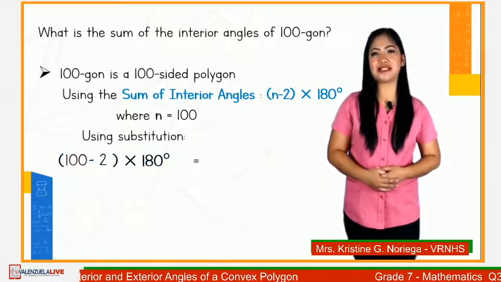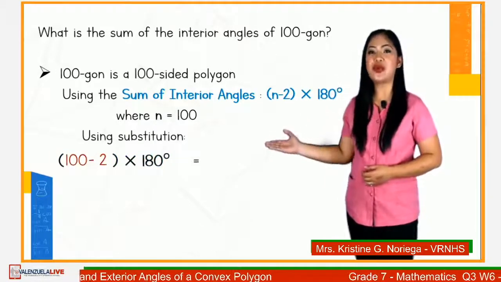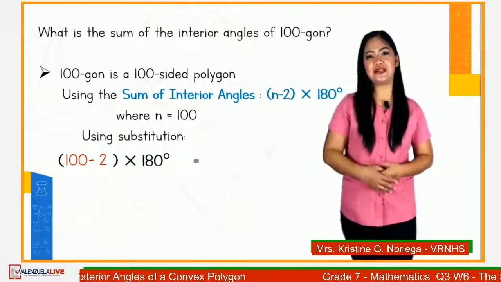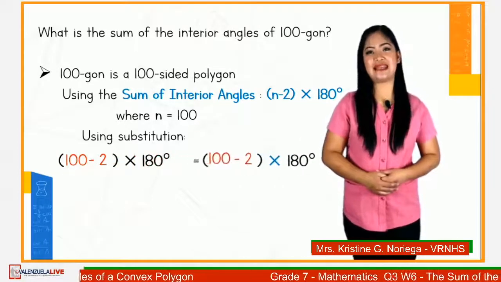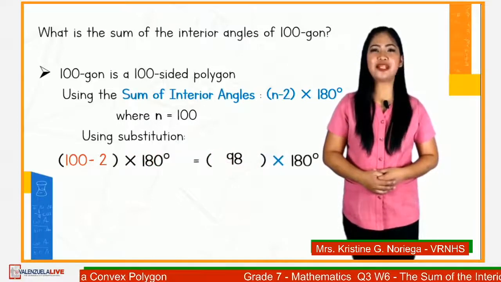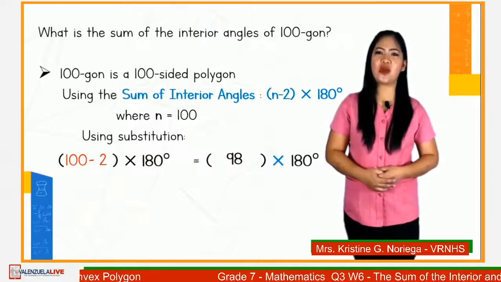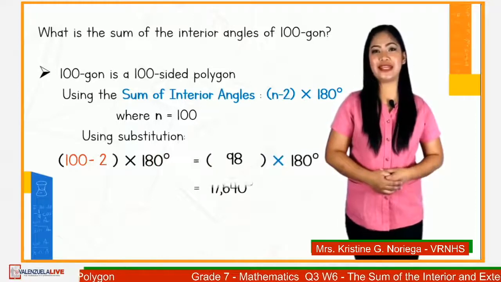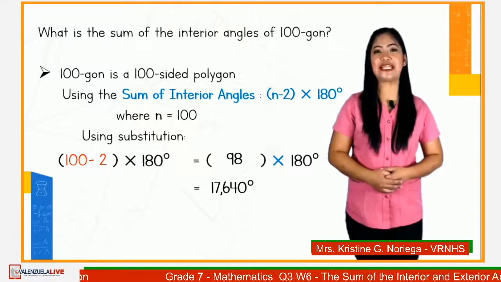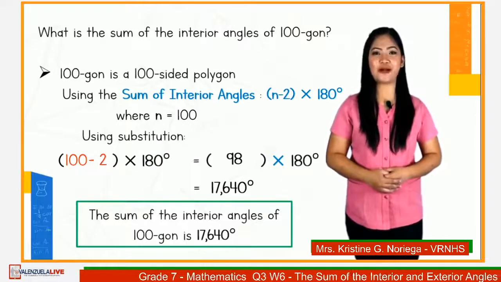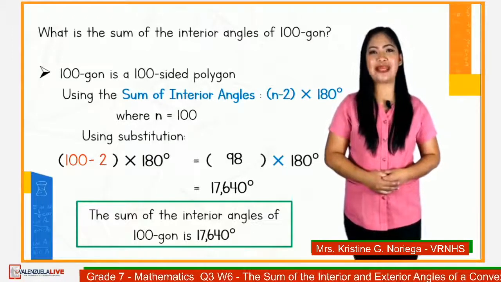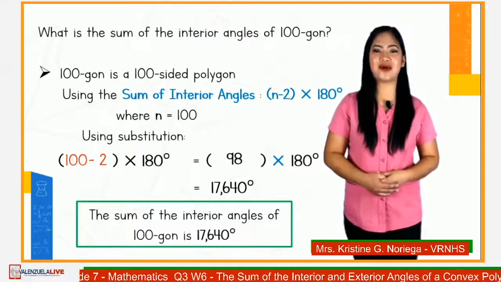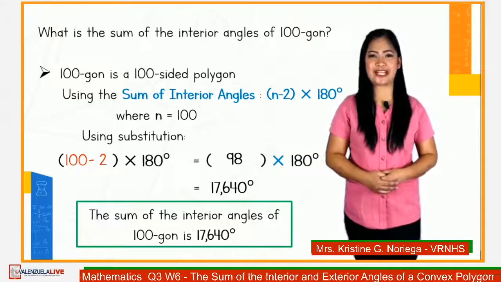That will give us 100 minus 2 times 180 degrees. 100 minus 2 is 98. Then, multiplied by 180 degrees will result to 17,640 degrees. Therefore, the sum of the interior angles of a 100-gon is equal to 17,640 degrees.